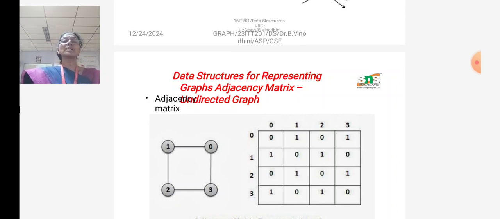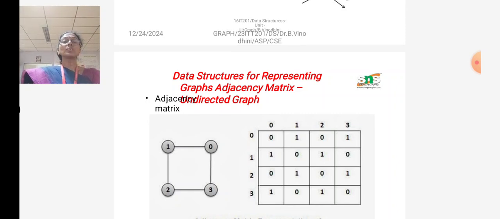Next go to node 1. It also does not contain a self loop. The adjacent of 1 is 0 and 2, so for those positions we mark 1, and the remaining positions we mark 0. Next is 2.